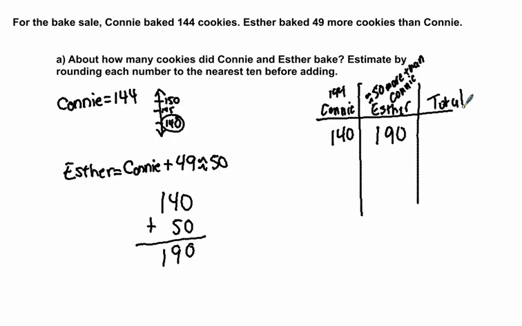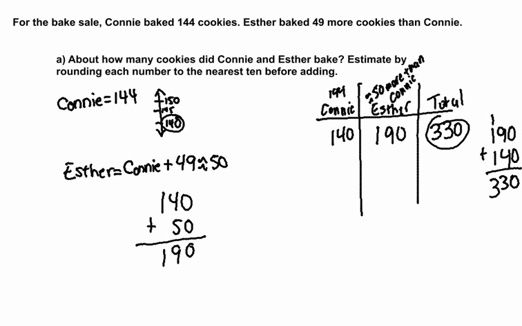So our total would be the 190 that Esther baked plus the 140 that Connie baked, which is about 330. So we would say altogether they baked about 330 cookies.